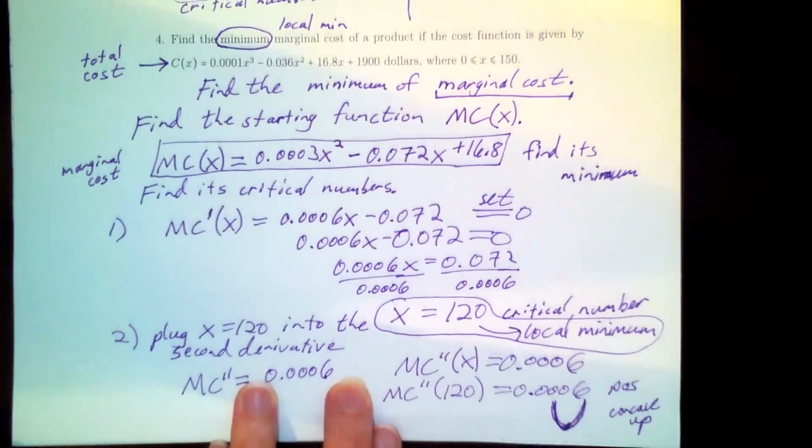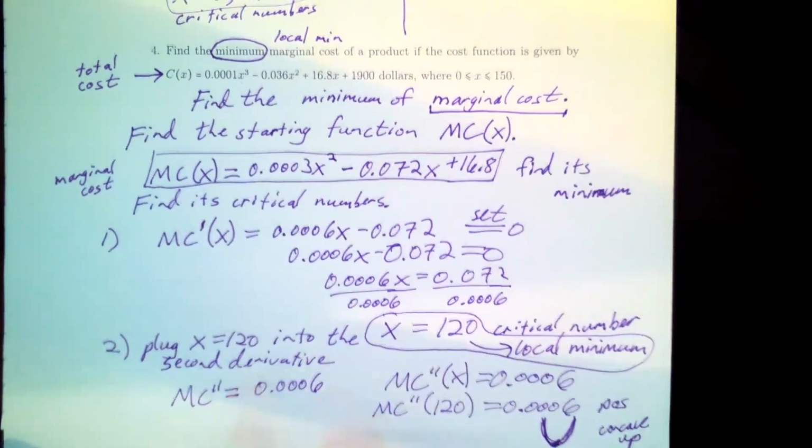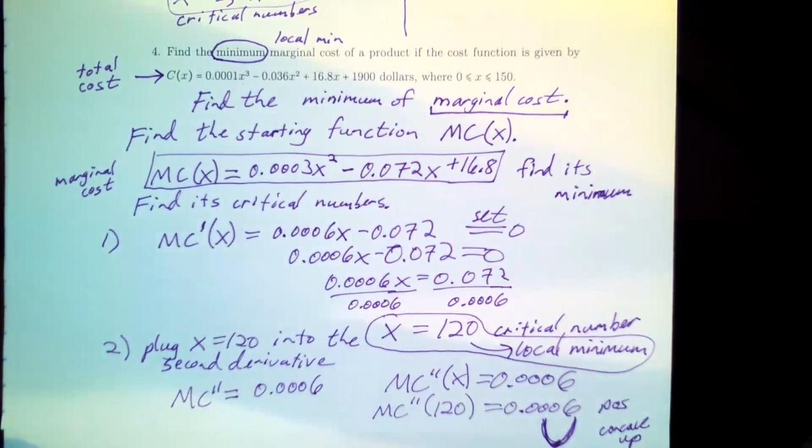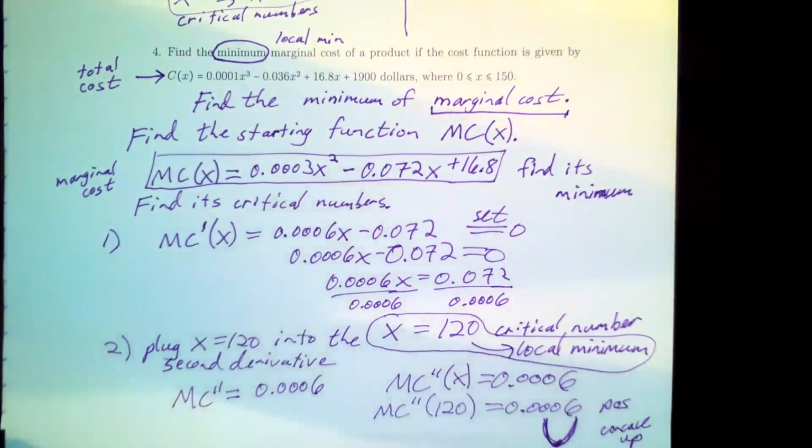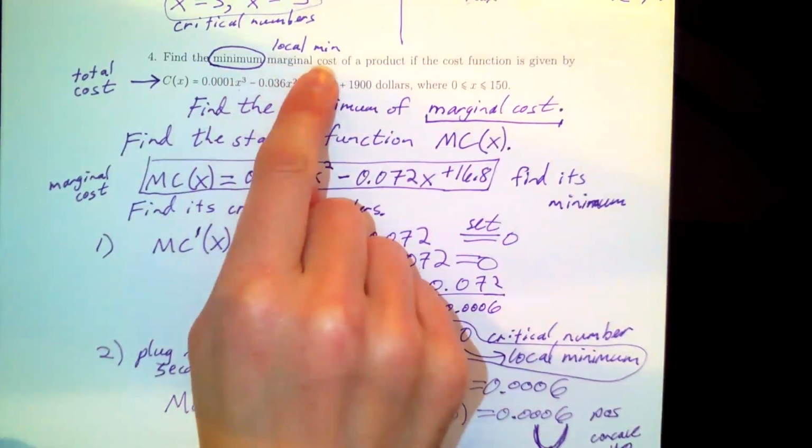I then have to kind of check and make sure that we answered the question. We found the x value that corresponds to a minimum of that, and we verified that it does correspond to a min. Now, did it ask for the x value of the local min, or did they ask for something else? It said find the minimum marginal cost.